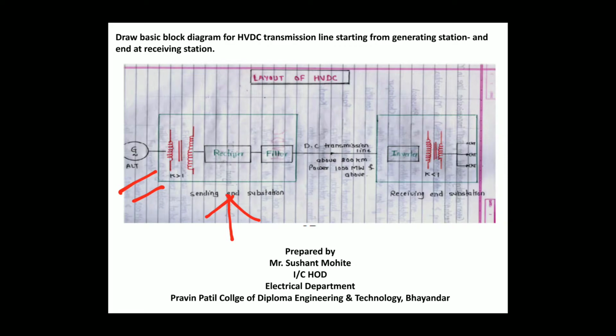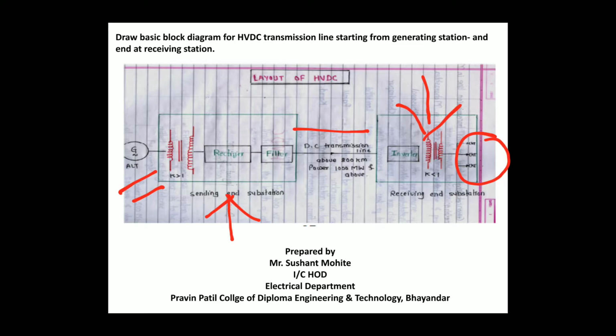Then here we use the DC line, a DC transmission line. Then we use the inverter, which converts the DC into AC, and the output of the inverter is connected to the consumer. Once again, the generation is in AC form.